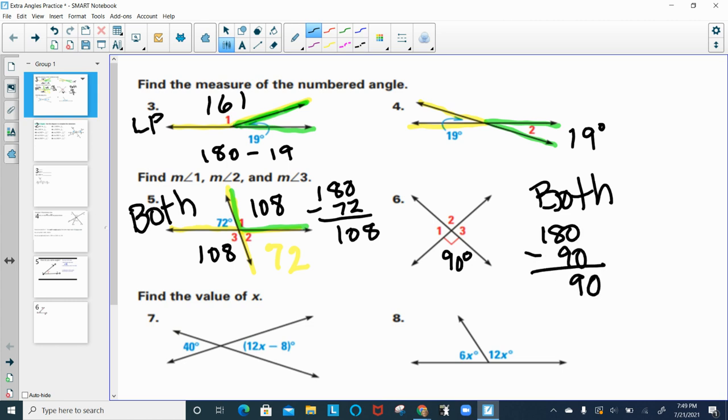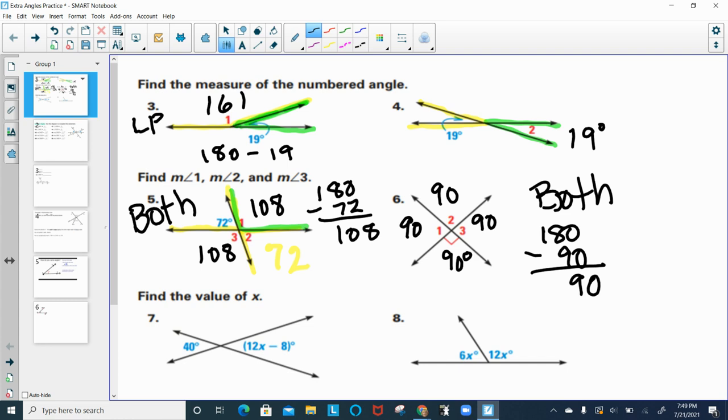Well, that's 90, because 90 and 90 add up to 180. So there's a linear pair, but maybe you saw the vertical angles first and you said, okay, my vertical angles are running top to bottom. So I got vertical going from left to right, and I got vertical going top and bottom. And that should make sense to us simply because it's 90s.